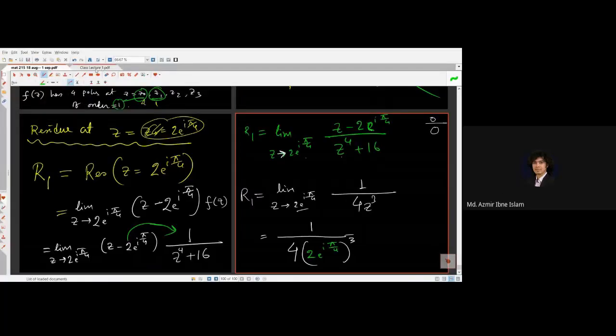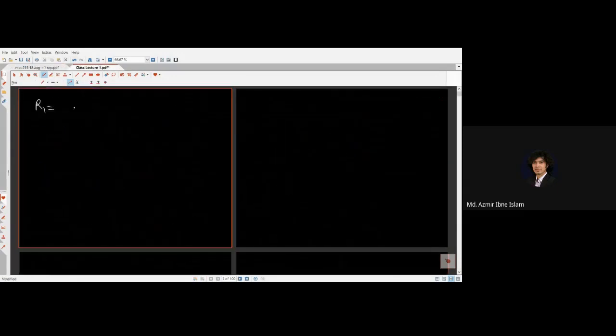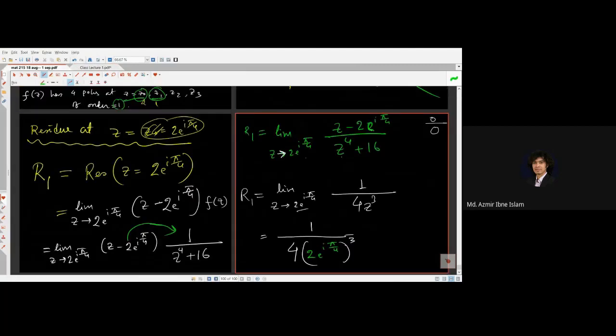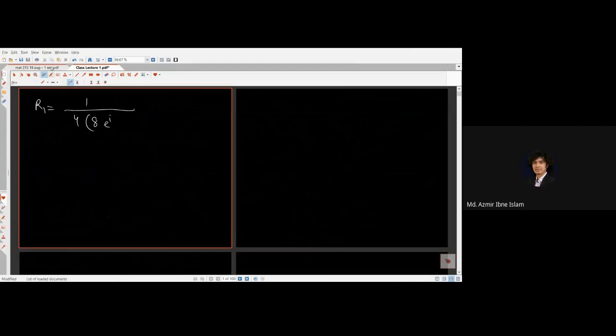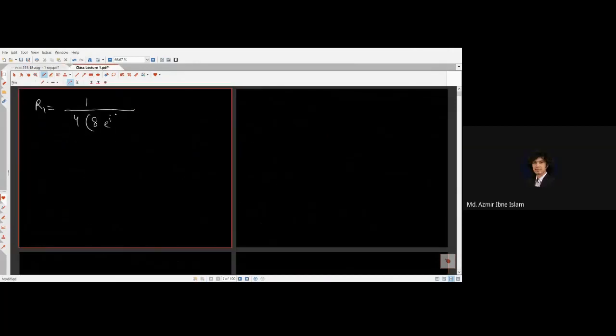Okay, I have moved to another page because the previous one is finished. From this part, R1 equals 1 over 4 times 2 cube, that is 8, e to the power i 3 pi by 4.